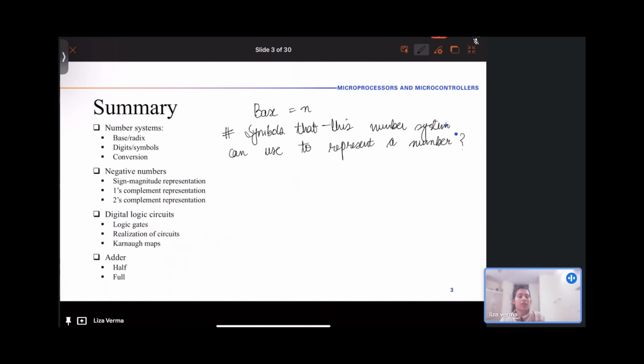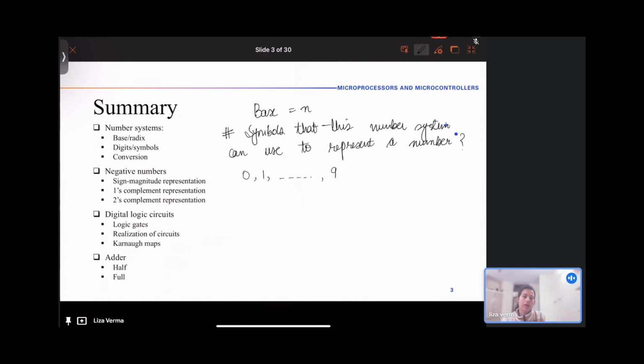So let's take the example of the decimal number system with base 10. How many symbols do we have to represent a number? Let's say we have 0, we have 1, up to 9.